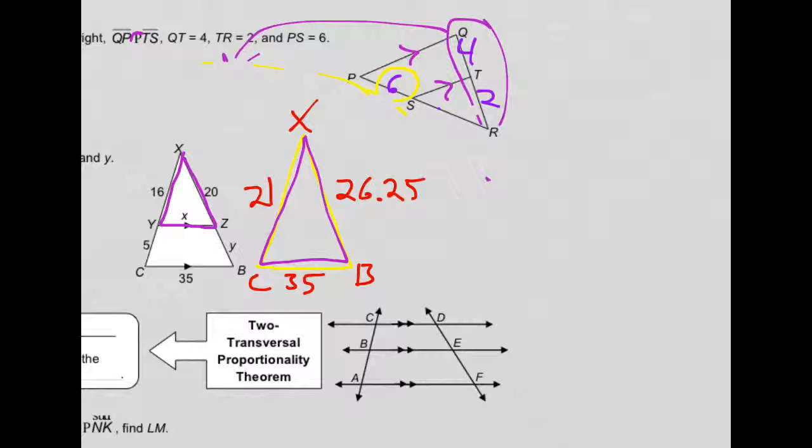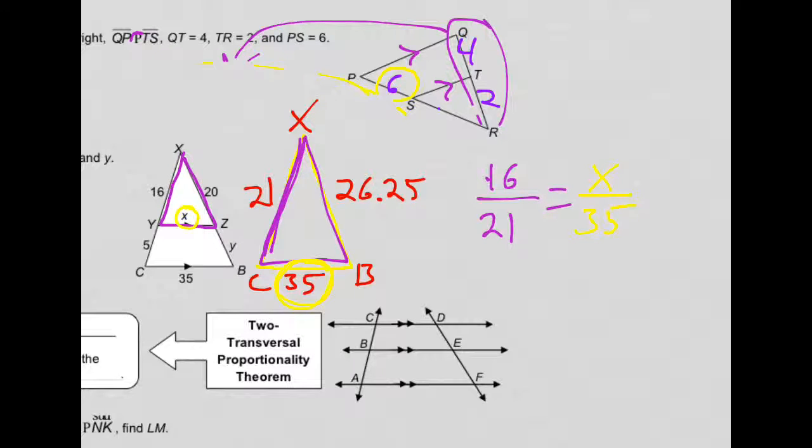So I'm going to put small over large: 16 for my small triangle, and then remember 21 for my large triangle. Then small is x over 35 from my large triangle.